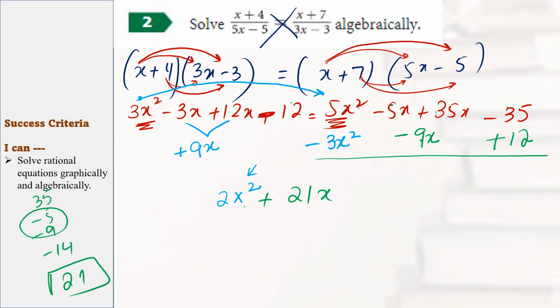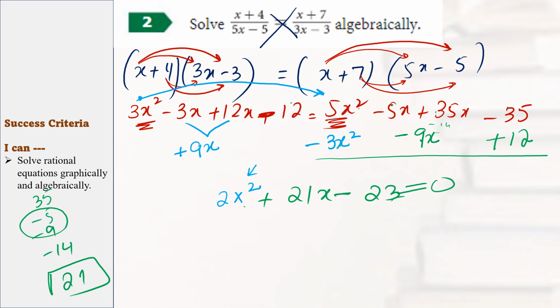Minus 35 plus 12, and I will get minus 23. So here 2x² plus 21x minus 23 equals 0. Now I cannot make it equal to 0 easily.